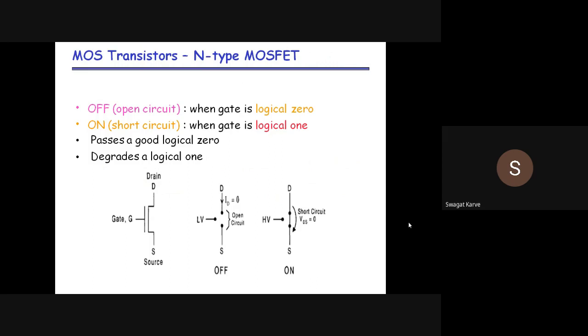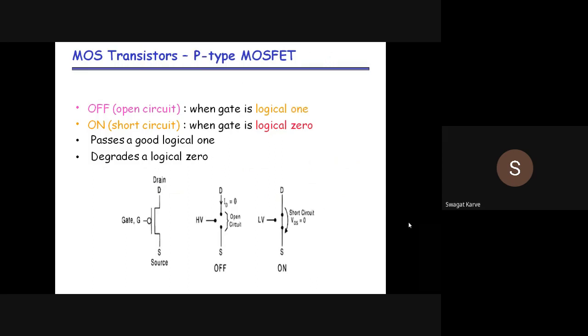That means voltage is infinite ideally, but current is 0. You will not get the output. That is logic 0 value. And in case of short circuit, there voltage is 0 but current is infinite. Ideal case, ideal short circuit case. In that case, you can say the switch is on. Right? This is about the N MOSFET.